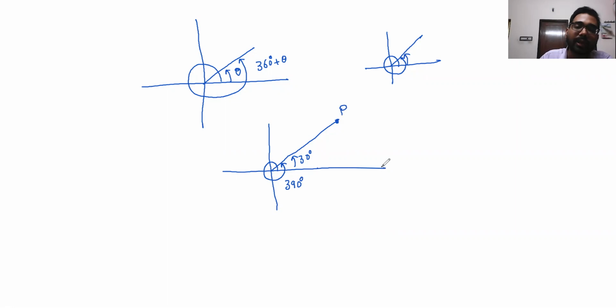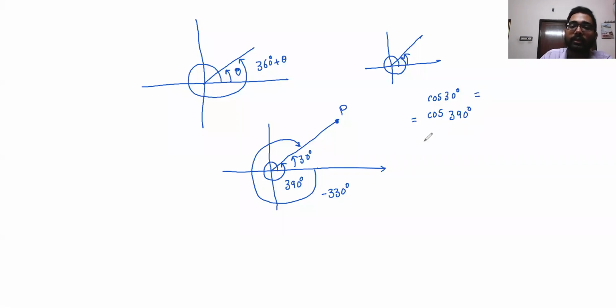Even if you go in the negative direction, so even if you subtract 360, that means if you go like this, it is going to be minus 330. It is also going to be the same value, right? So we know cos 30 will be equal to cos 390. These are all equal, right?